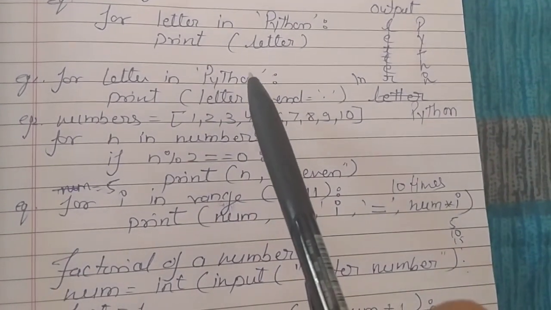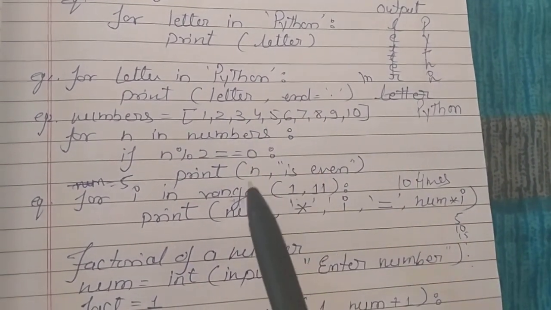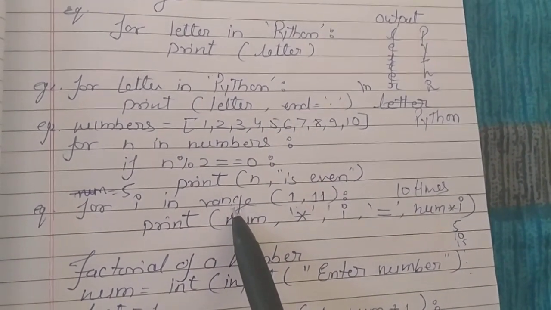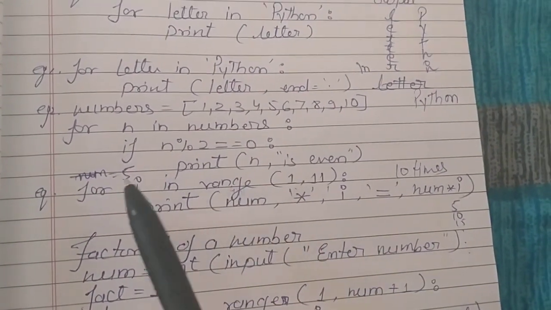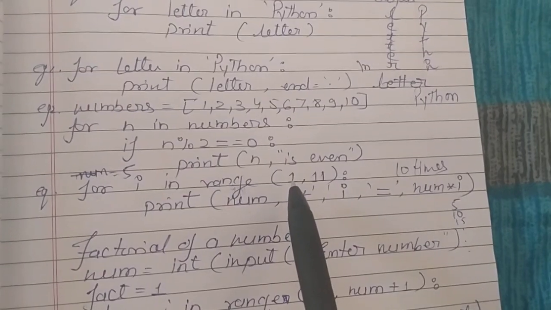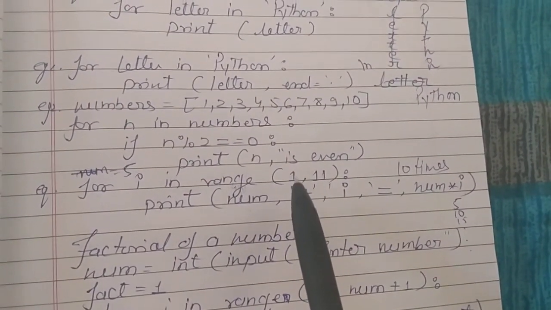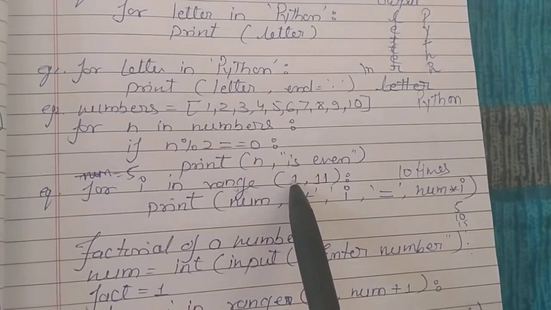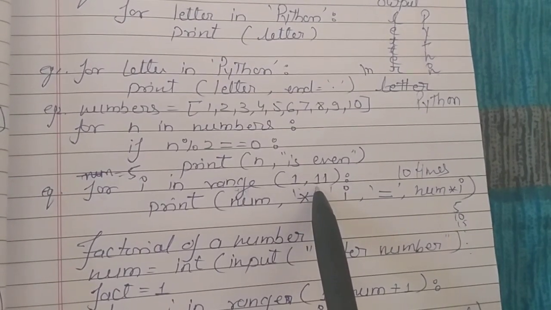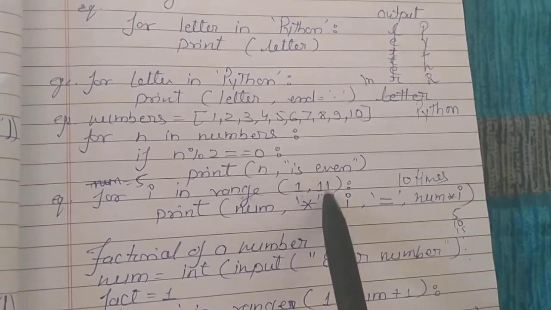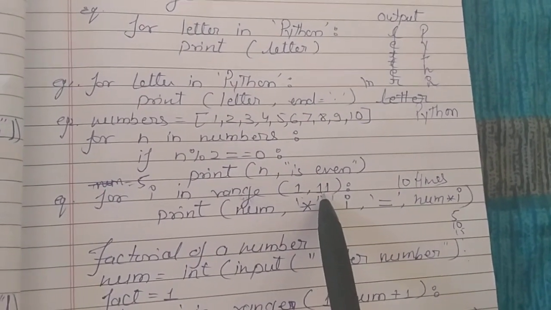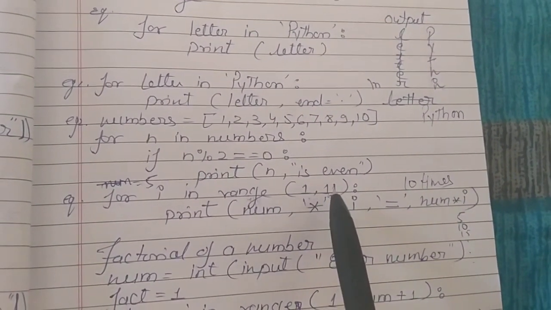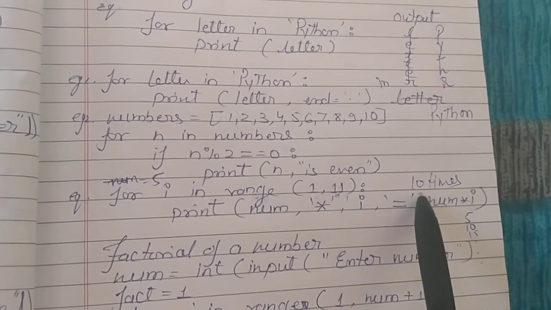If you don't want to give a string or a list directly, you can provide the number of times a for loop should repeat. Here we are telling the for loop to repeat for values starting with 1 and ending at 10, not 11. The upper limit is never included. So if you want this loop to continue 10 times, you have to use 11 over here.